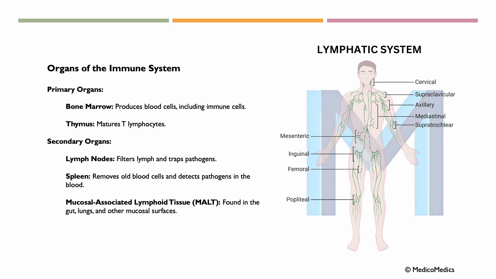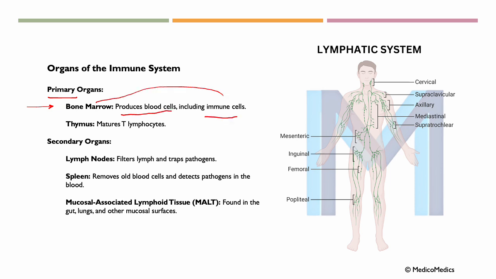What about the organs of the immune system? So when we talk about immunology, which organs are most relevant to us? First of all, we talk about the primary organs. These include the bone marrow. As you saw in the illustration before of the hematopoietic lineage, the bone marrow produces all our blood cells, including our immune cells.